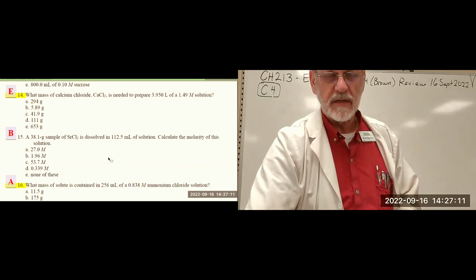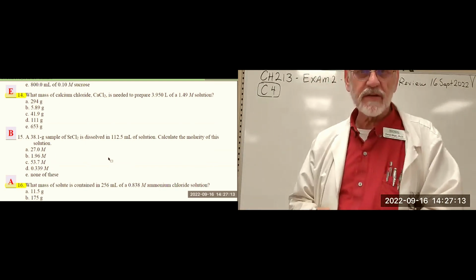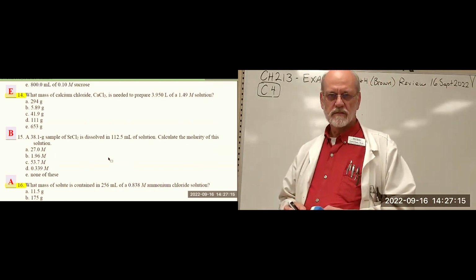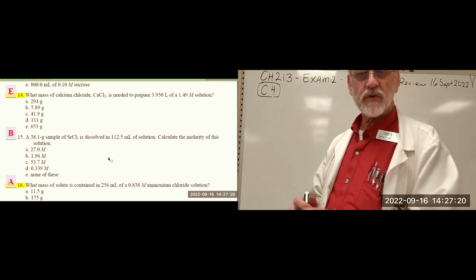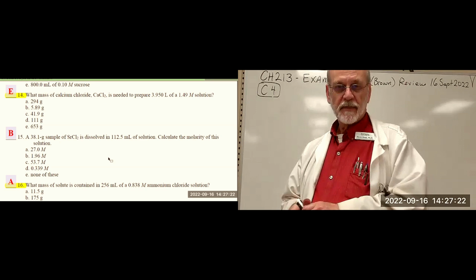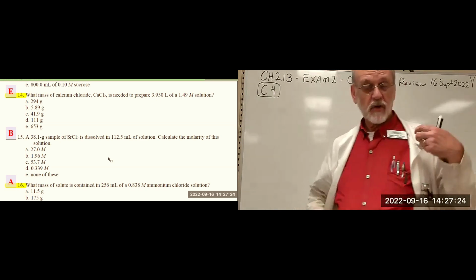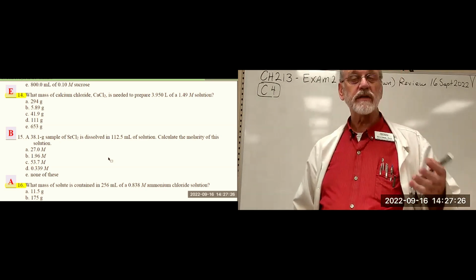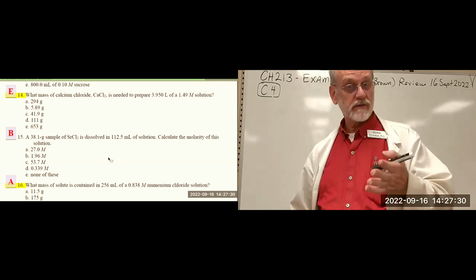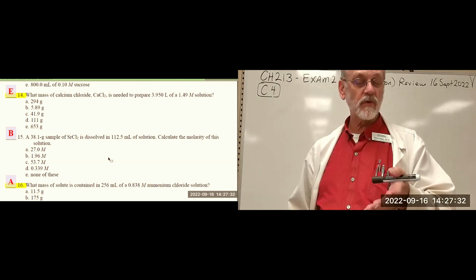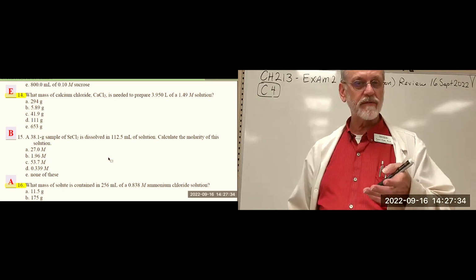Let's see. What mass of calcium chloride is needed to prepare a 1.49 molar solution, and the final volume is 3.950 liters. And go back to the definition. Molarity is moles per liter. So we got liters, 3.950 liters, but we don't have the mass.